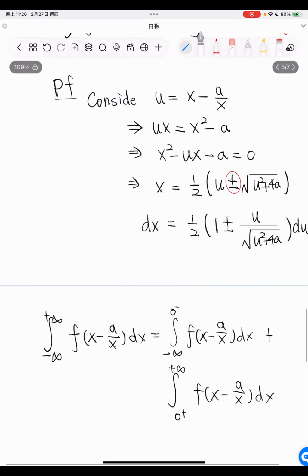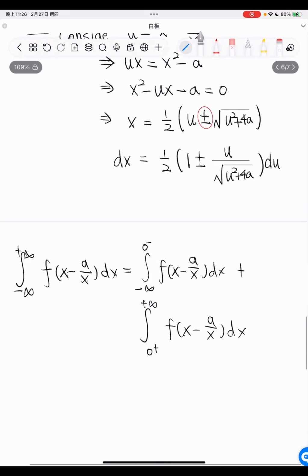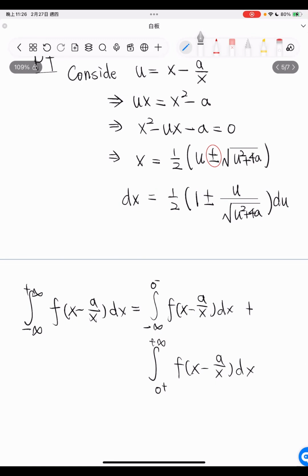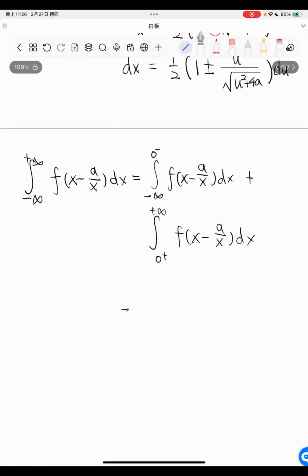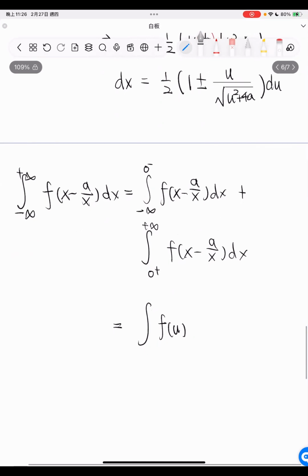And now we can use the substitution. Remember u is equal to x minus a over x, so we can write f(u), and dx is equal to this thing.